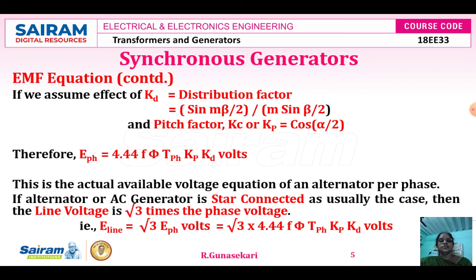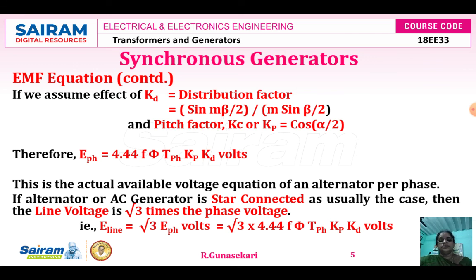In this case f is the frequency of the induced EMF in hertz, phi is the flux in Weber, T phase is the number of turns connected in series, Kp is the pitch factor with no unit, and Kd is the distribution factor.